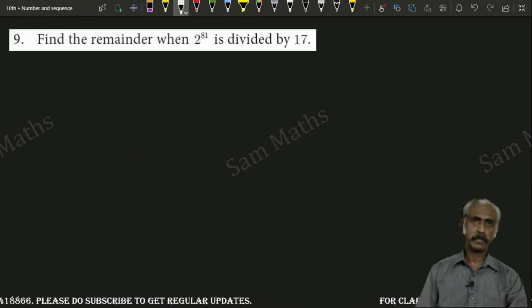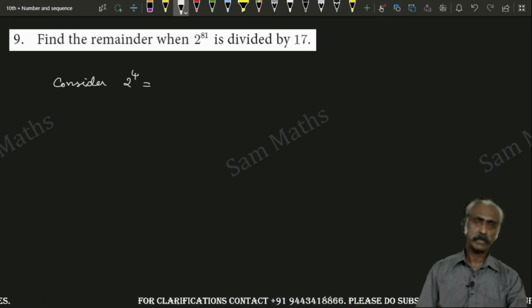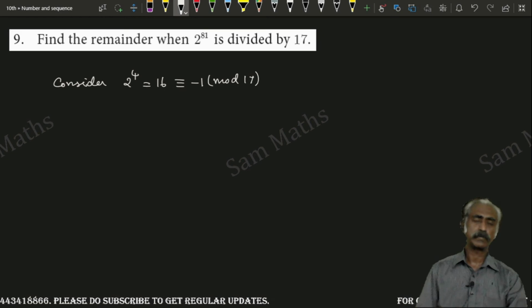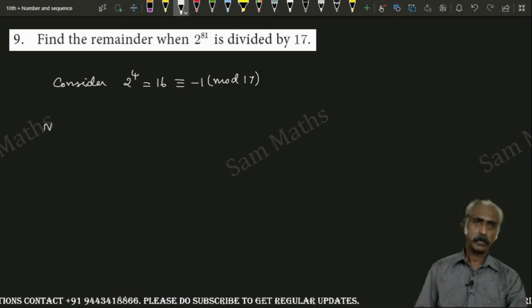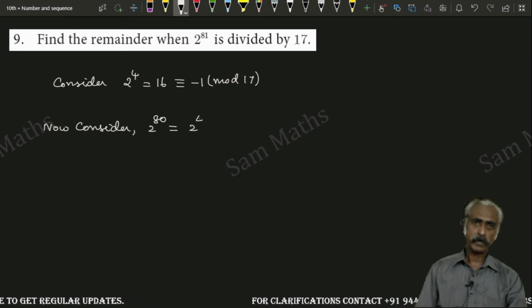9th question, find the remainder when 2 power 81 is divided by 17. Consider 2 power 4, that is equal to 16. Clear, children? Now this is congruent to, I am using mod 17, minus 1. Am I right, children? Now you consider 2 power 80, that is equal to 2 power 4 whole power 20.